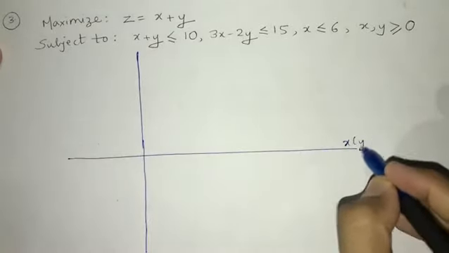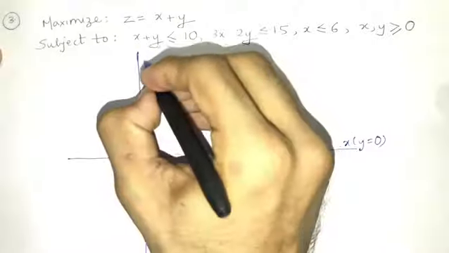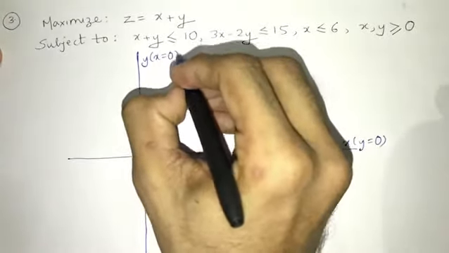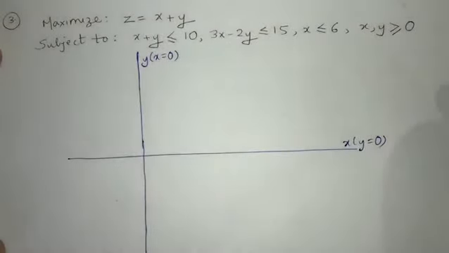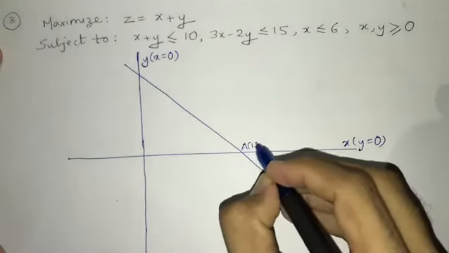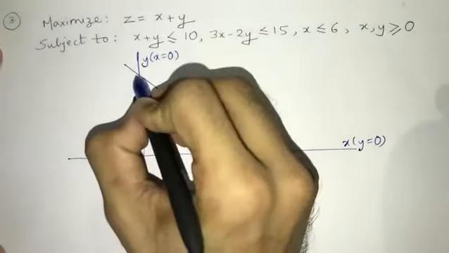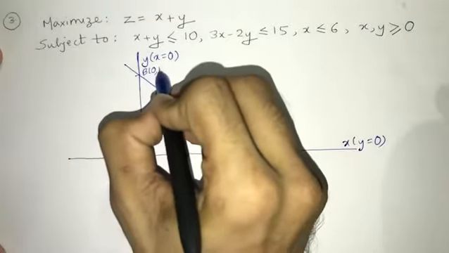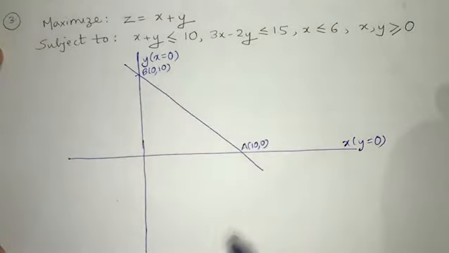We have the x-axis y equal to 0 and the y-axis x equal to 0. First is (10, 0), (0, 10), so we have A (10, 0), B (0, 10).